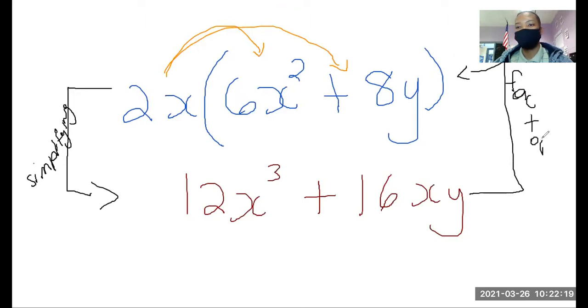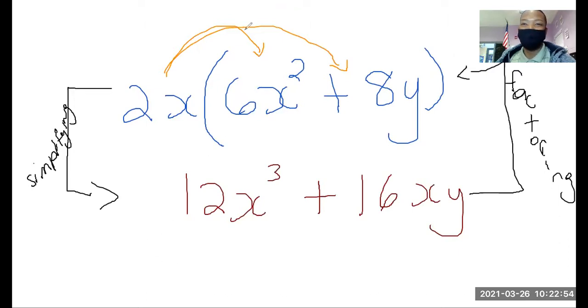That is a great question. The question was, what if they gave us 12x cubed plus 16xy, and they said factor this expression? We would do a thing that brings us to the top part.